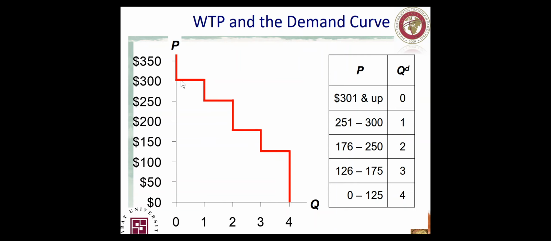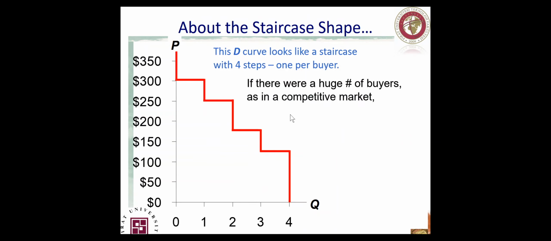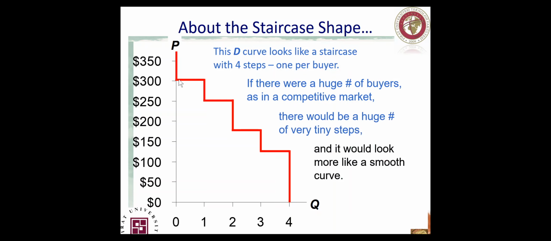We have extremely fine steps, usually represented by a straight line, and we will see how. Here we have just 4 steps because we have 4 buyers. If we address the whole market, a competitive market with millions of buyers and sellers, we will have a fine-step representation that looks like a straight line.